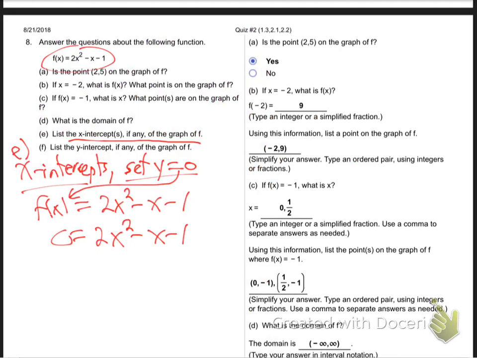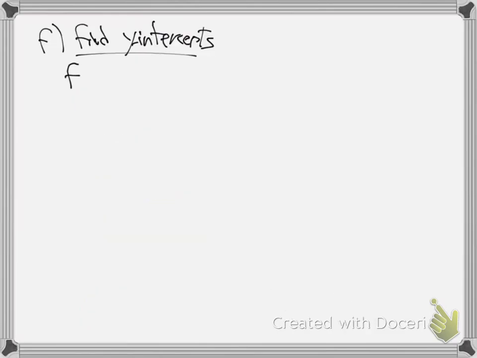Finally, part F. Part F says find the y-intercepts. And what was the original function? F of x equals 2x squared minus x minus 1. So how do we find y-intercepts? Well, remember what we were saying. Think about a y-intercept.